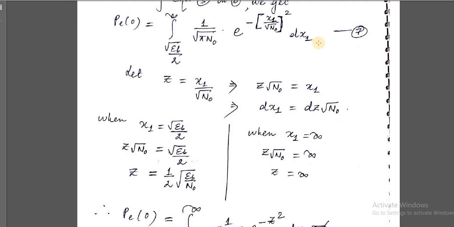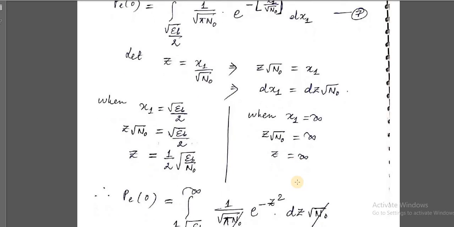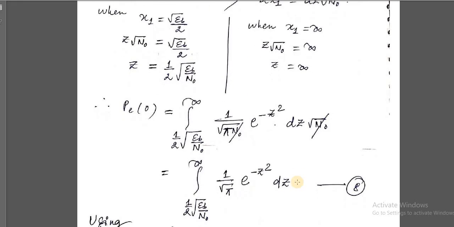So when x1 is equal to root of Eb by 2, your z value is 1 by 2 root of Eb by N naught, and when x1 is equal to infinity, at the same time z is also equal to infinity.